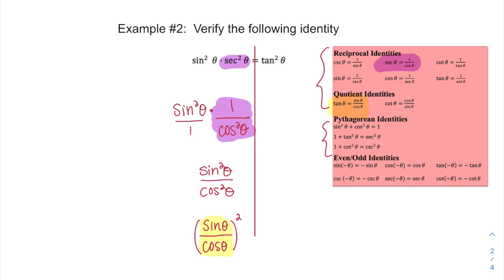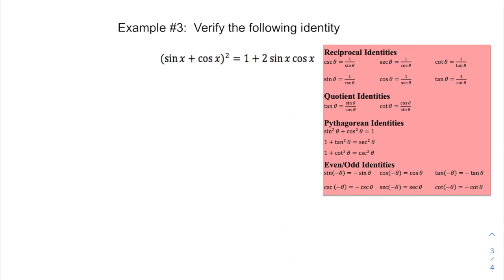So I can take sine over cosine out, and in its place, I can put a tangent. I'm trying to highlight the pieces that are the same so that it's easier for you to follow. Now, tan squared theta is the same thing as tan theta squared, which is what we have here on the right side. Once you turn one side into the exact same thing as the other side, the question is done.